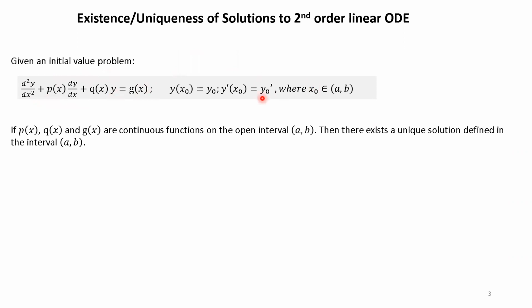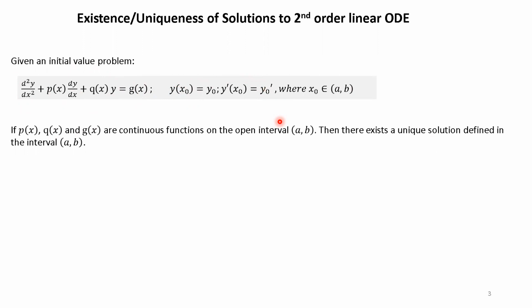So physically, we are interested in solving this kind of problem. This theorem is nice. It tells us that if you have these well-behaved functions, and you specify the initial conditions, then it's guaranteed that the solution you get is the so-called unique solution.